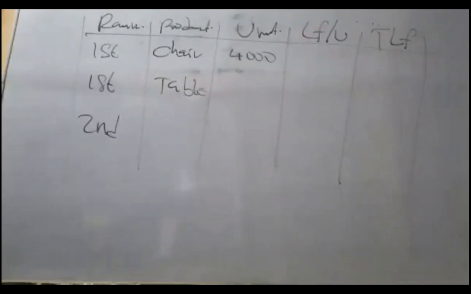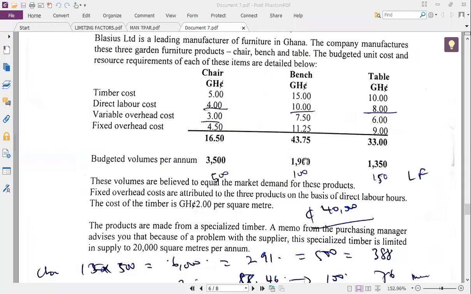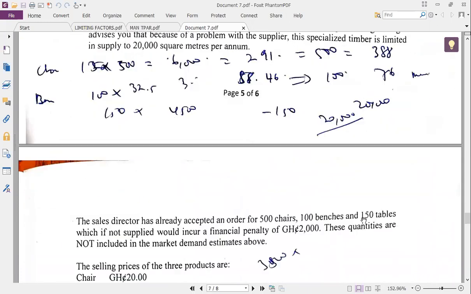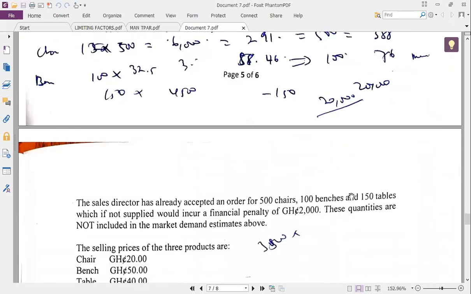Now let's go to the table. What is the maximum demand for the table? According to the question, the demand is 1,350. But the special order or the order they've received is 150.